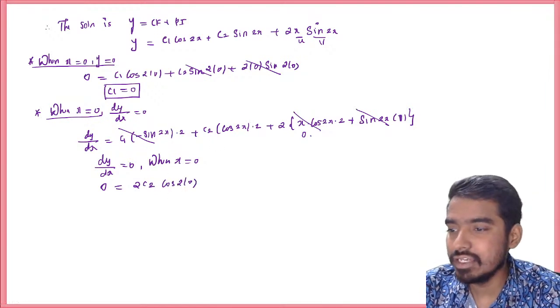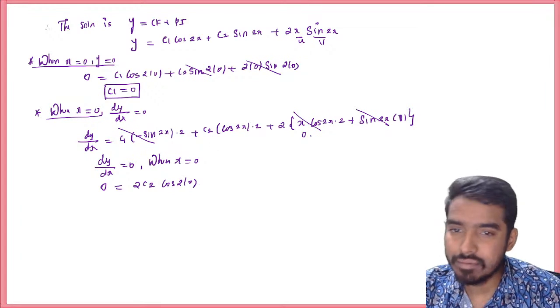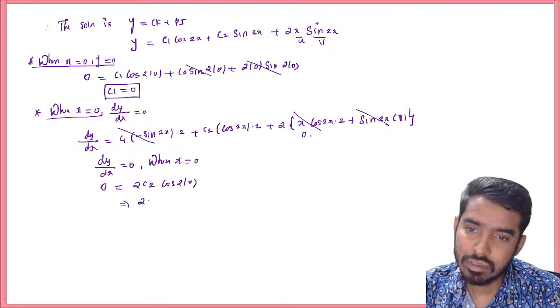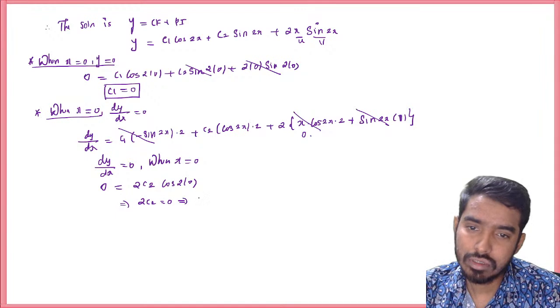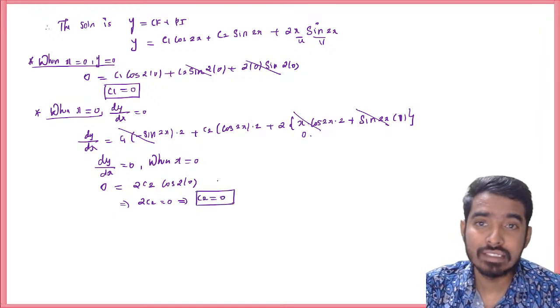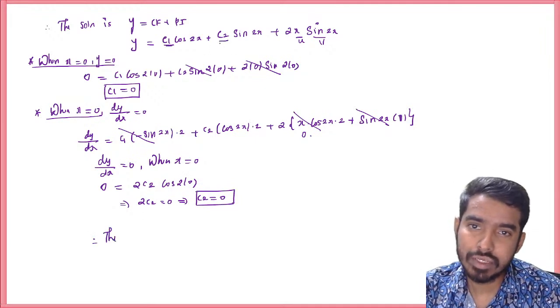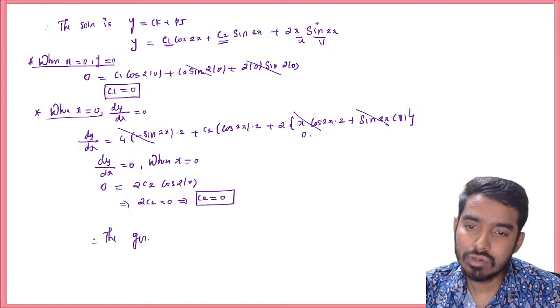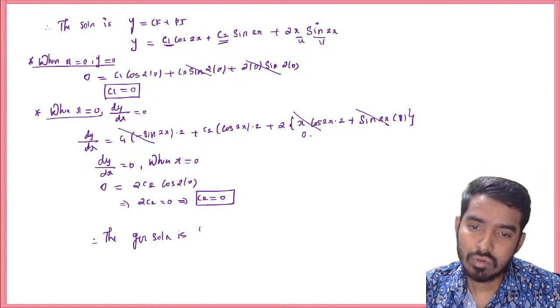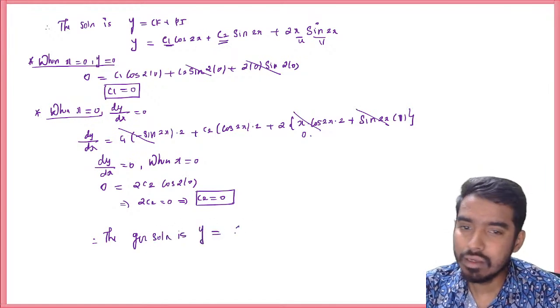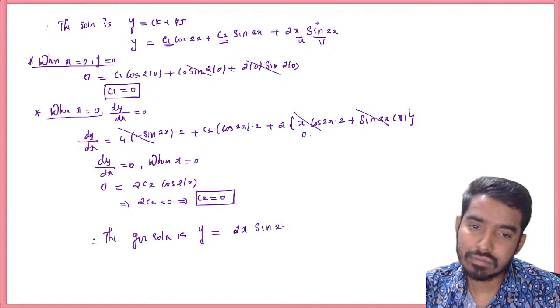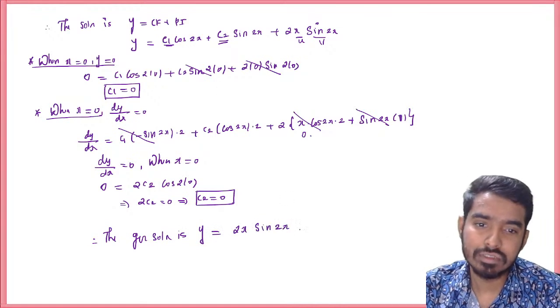So again you can see this implies 2c2 is equal to 0, which implies c2 is also 0. That means both the arbitrary constants are 0. So in that case, just substitute c1 equal to 0 and c2 equal to 0. Therefore, the general solution is y equal to only 2x sine 2x, right? Because this is 0, this is 0. This is the required solution.